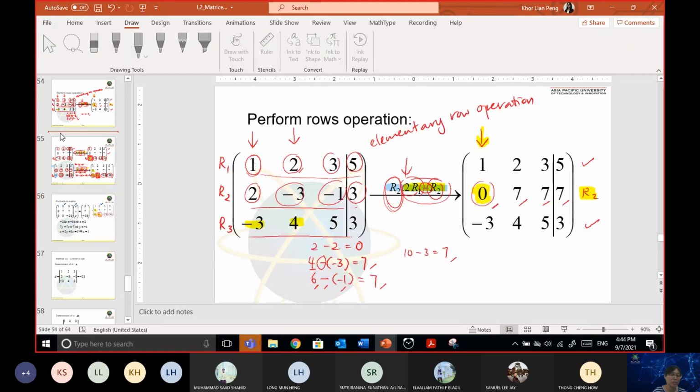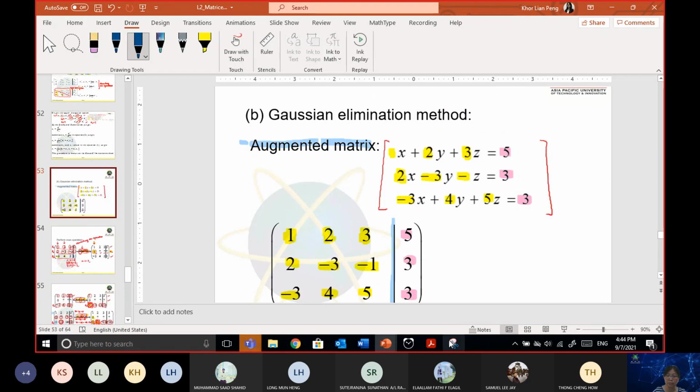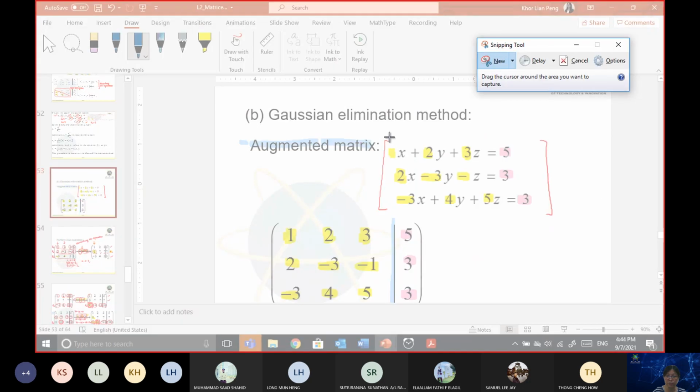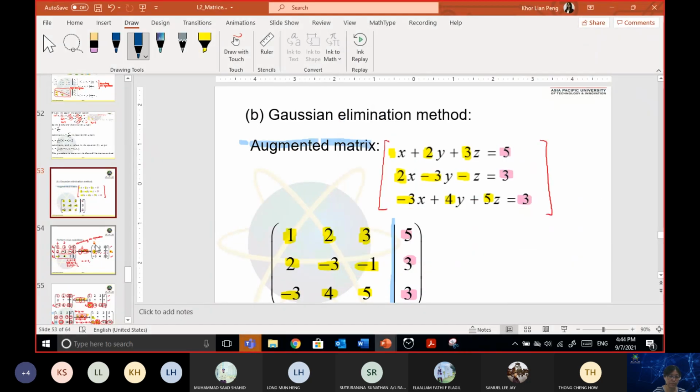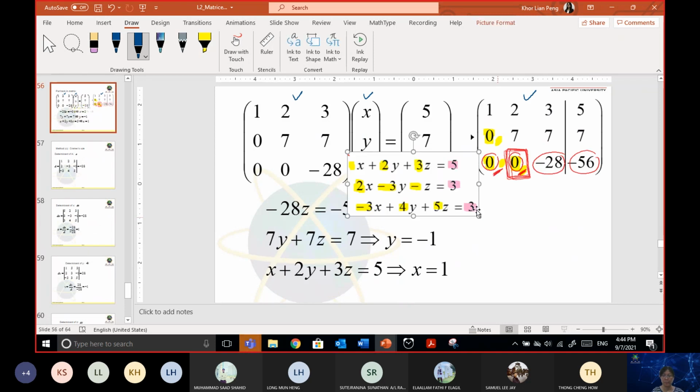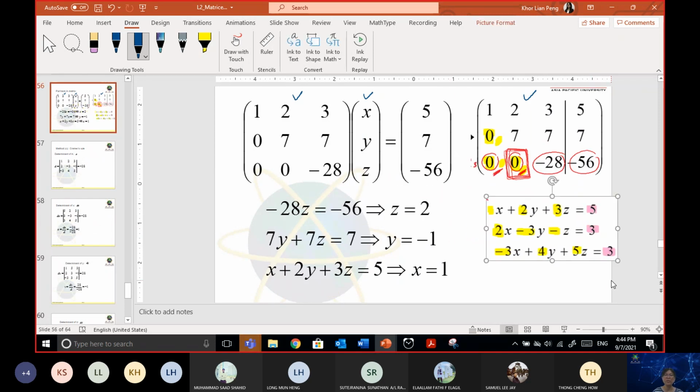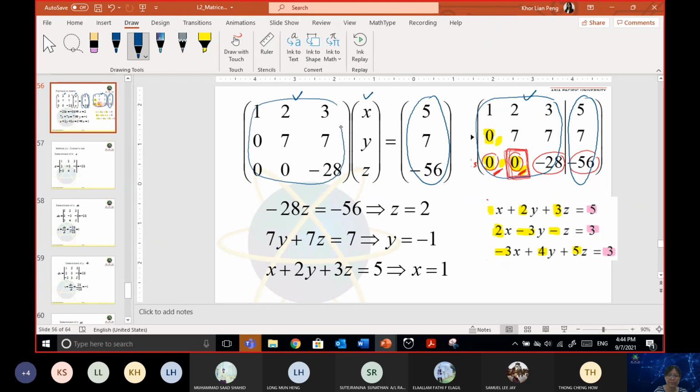To recall, these are the equations that we need to solve. We write it as x, y, z equals 5, 7, negative 56. The 5, 7, negative 56 comes from here, and this one is written here.